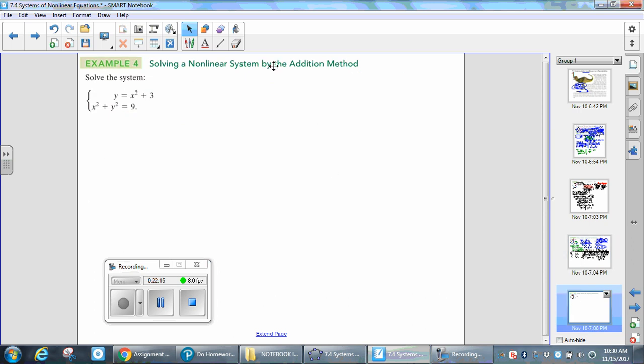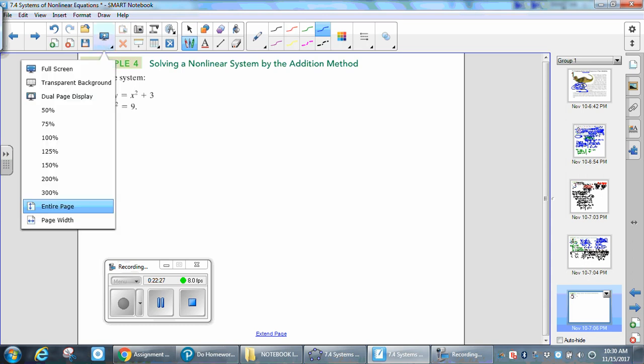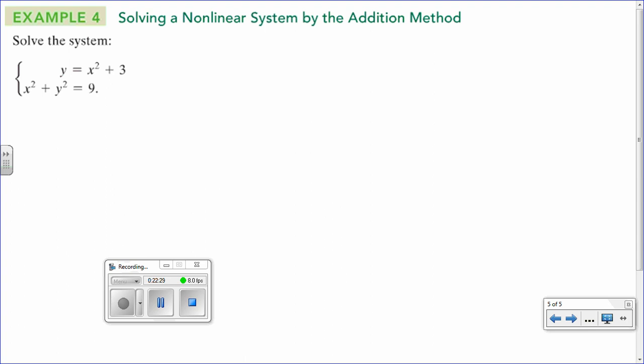Okay. Now here it says solve by the addition method as well. So what could we do? You might think, well, we have different degrees for x. We have x squared, but here we have x squared and y to the first power. So we can still do it. It's not a problem. So I'm going to rearrange the first equation so this positive x squared is going to turn to negative x squared plus y is equal to 3.